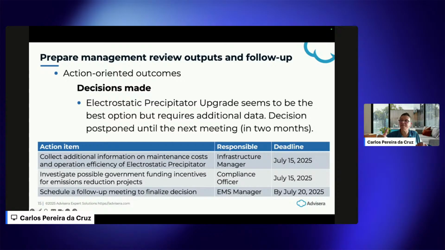So action items: collect additional information, investigate possible government funding incentives, schedule a follow-up meeting to finalize the decision. Okay, we have responsibles and we have deadlines. So it's clear what needs to be done, okay, for the follow-up or for the implementation and follow-up.